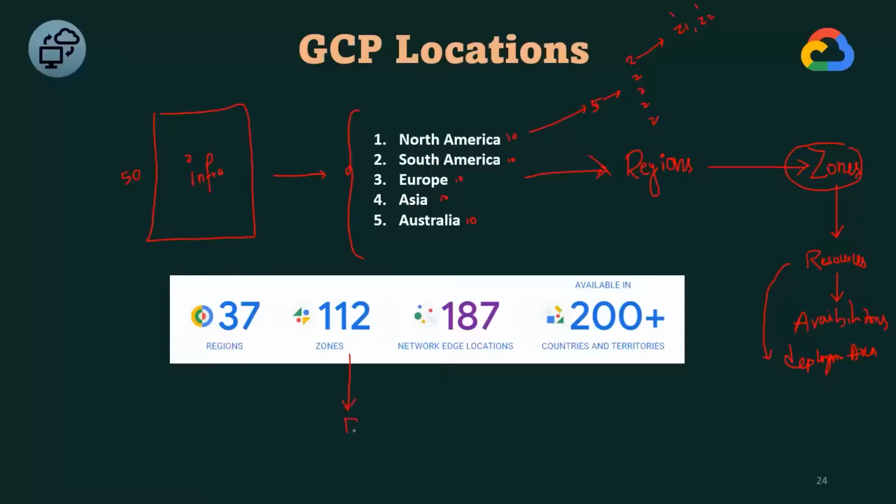You can think of one zone as equal to one data center, so 112 data centers. Let's say BigQuery is my resource that I want to deploy on the platform, what is the role of the deployment zone and the location? That we will see, we have not started that yet. Okay, sir. Anyone have any other questions, please?